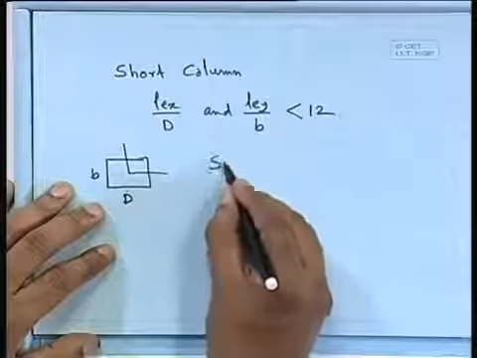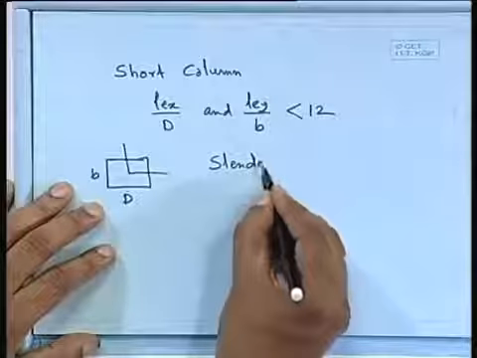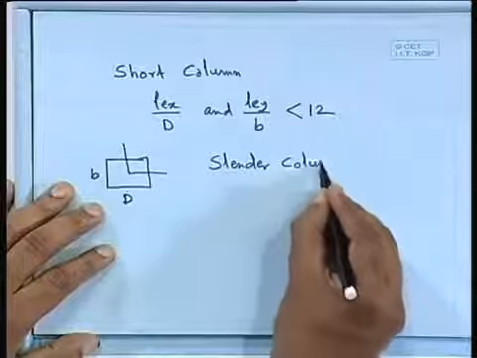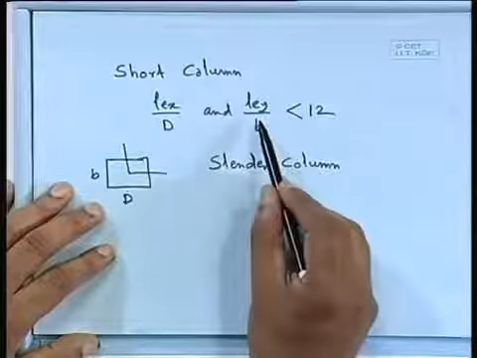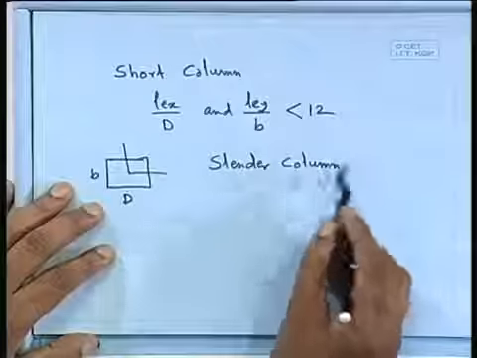Otherwise, it is a slender column. If Lex by D and Ley by B are greater than 12, then we have to take care that one is a slender column.